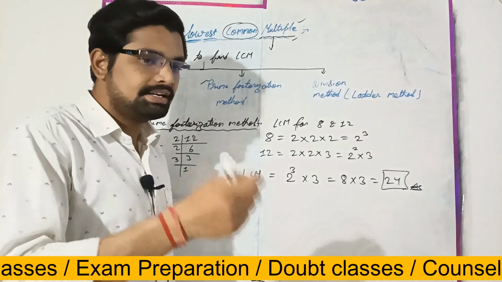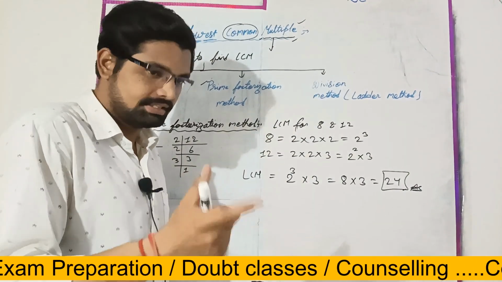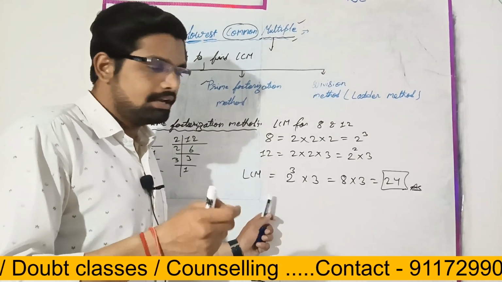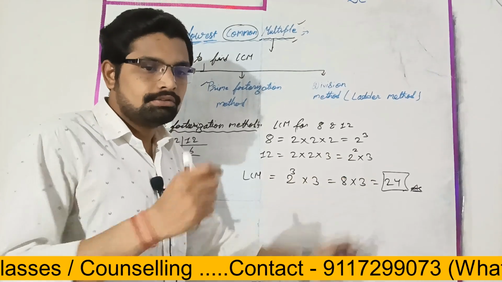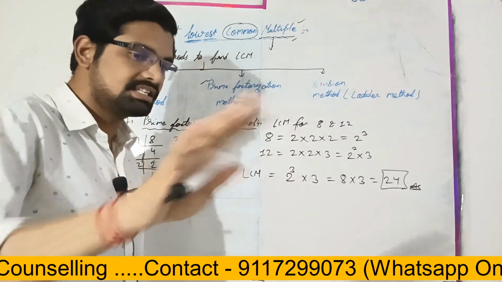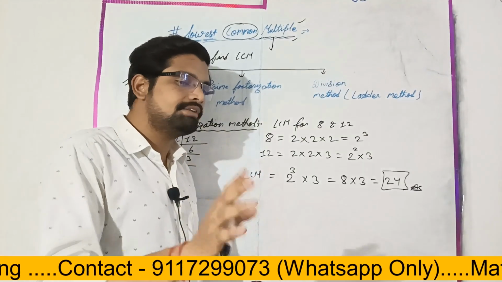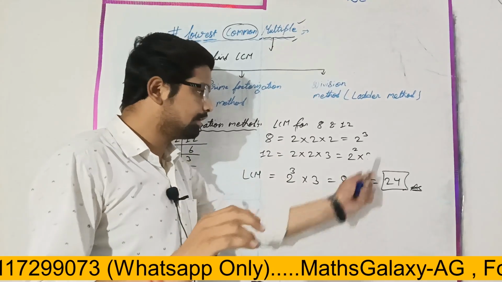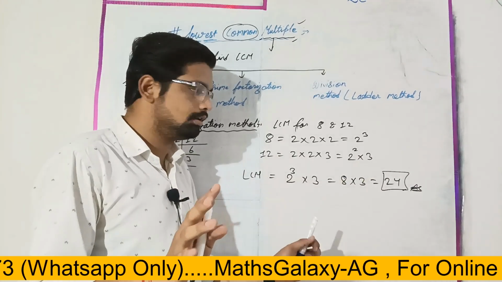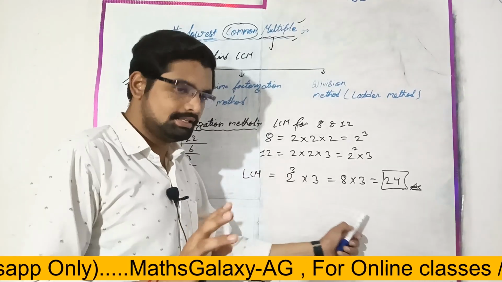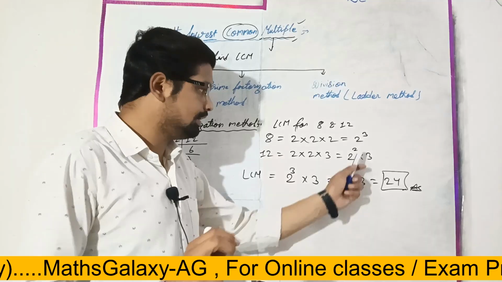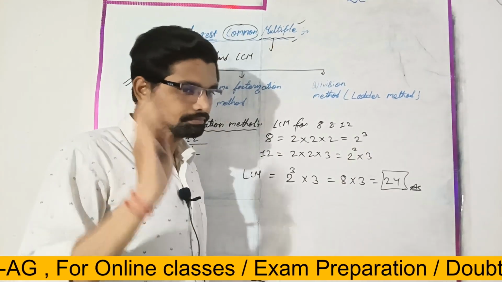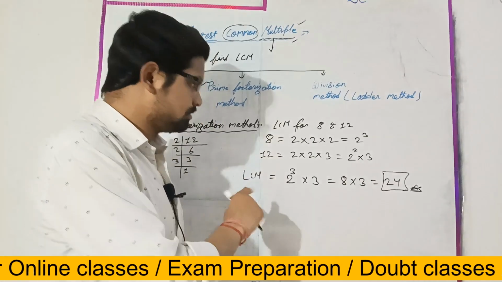In HCF we take only common factors, but in LCM we take all prime factors with their highest power. Whether they are common or not, it will not affect our answer. Is it clear? Please note it down.